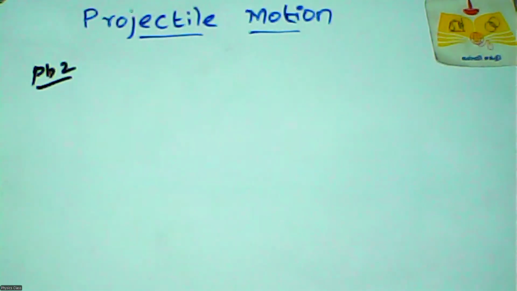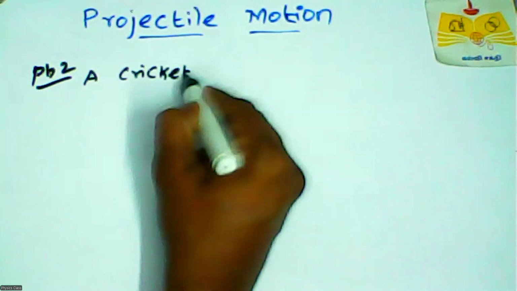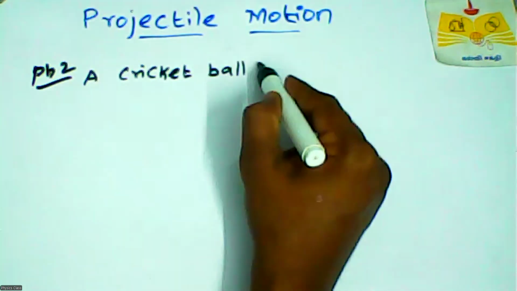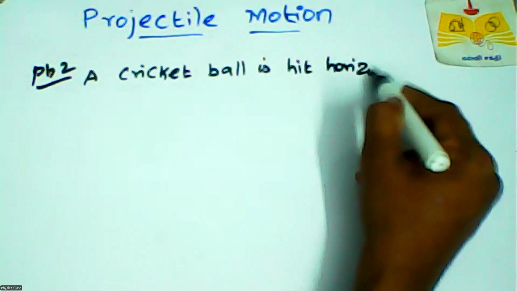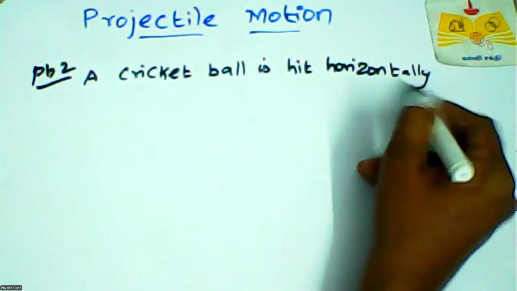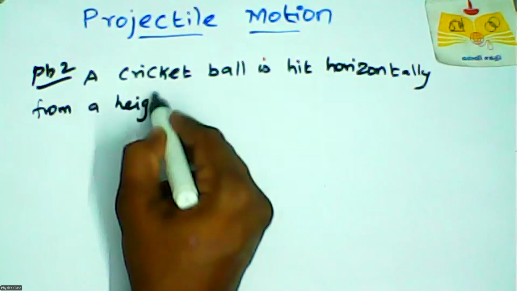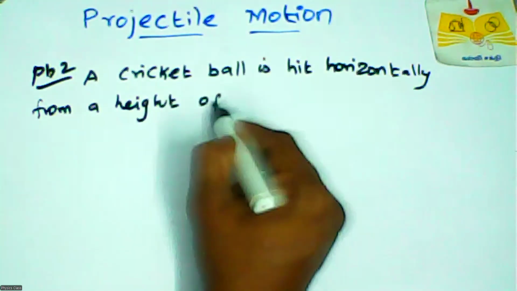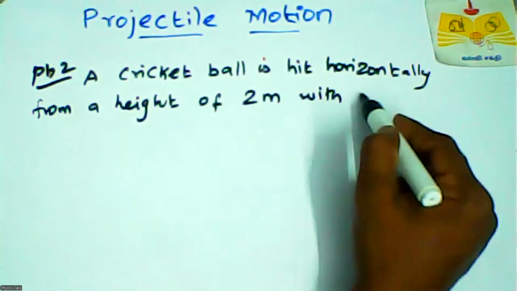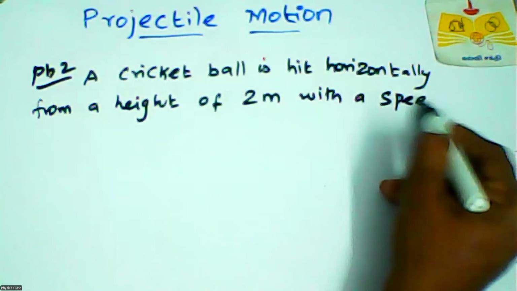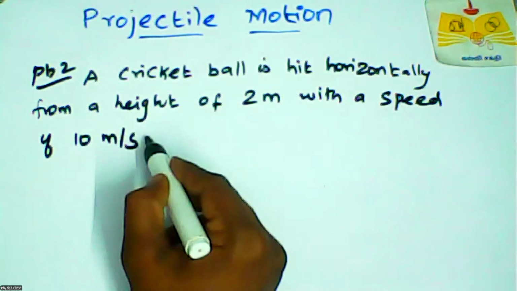A cricket ball is hit horizontally from a height of 2 meter with a speed of 10 meter per second.